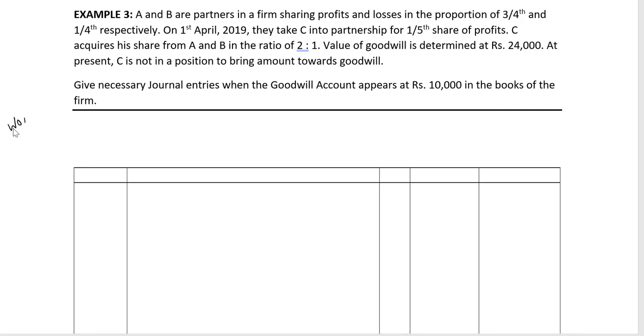Let's calculate C's share of goodwill. Working notes. C's share of goodwill is equal to goodwill of firm multiplied by C's share.